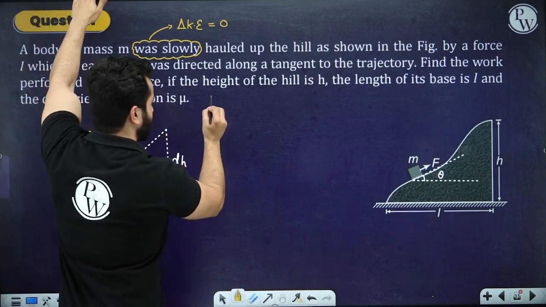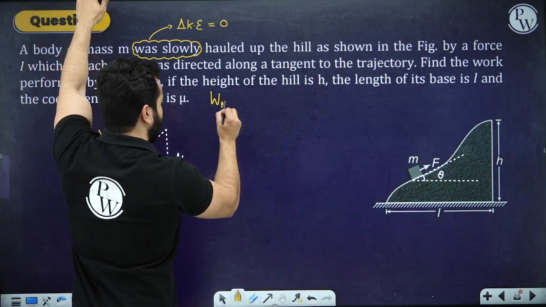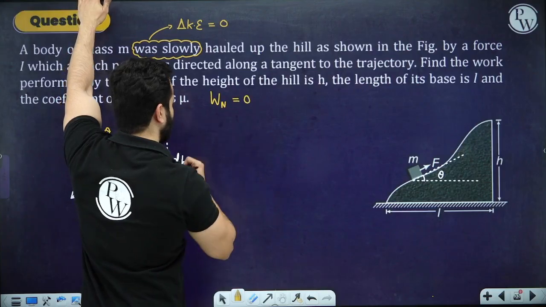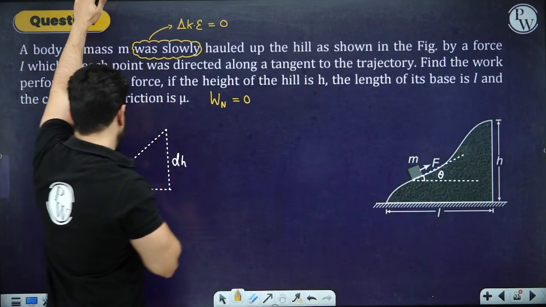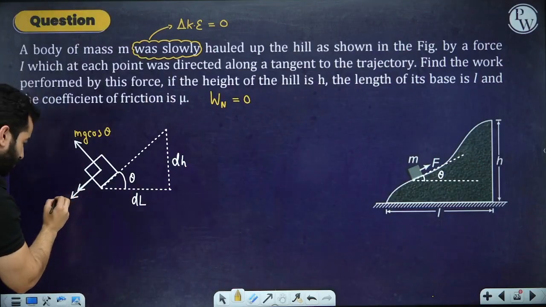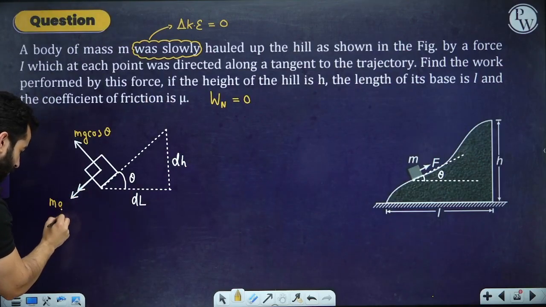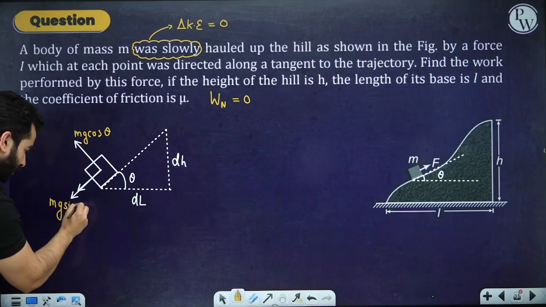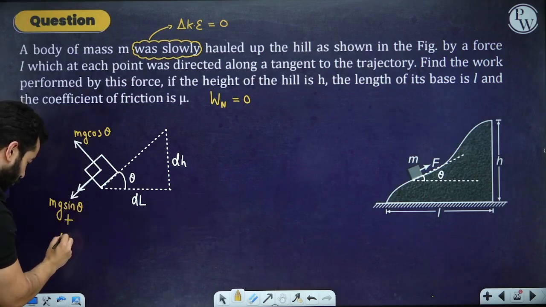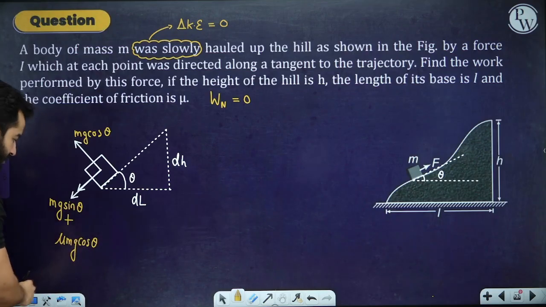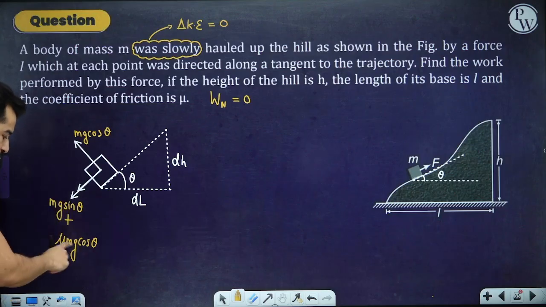So work done by normal reaction is 0. Also, I've got mg sin theta at this particular point, plus I've got mu mg cos theta, that is friction force.